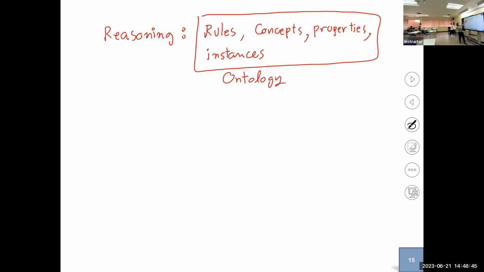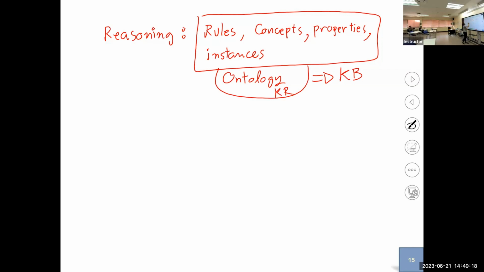But given all these 4 components of classes or concepts, properties, instances, and then rules, this is what we define in an ontology. And actually, we say that it is a kind of modeling and knowledge base. Ontology is a kind of knowledge representation here, to model a knowledge base, to model a particular domain, conceptualization, and so on.